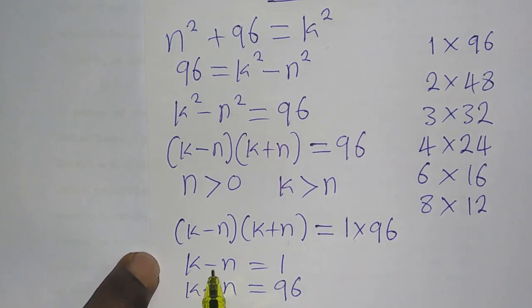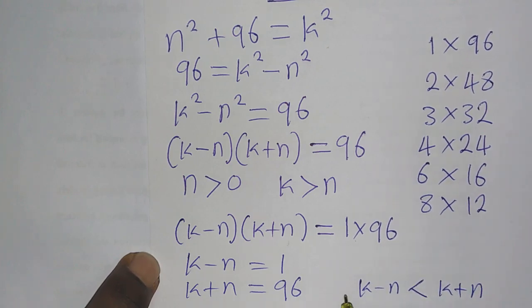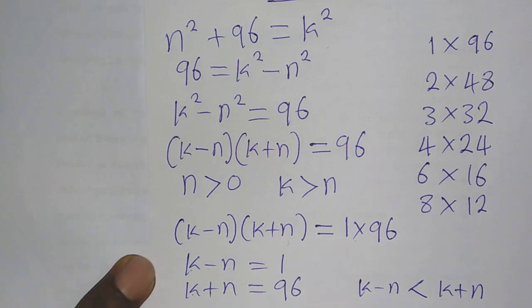We choose k minus n to be equal to 1 because k minus n is less than k plus n. Therefore, we take k minus n to be equal to 1 and k plus n to be equal to 96.